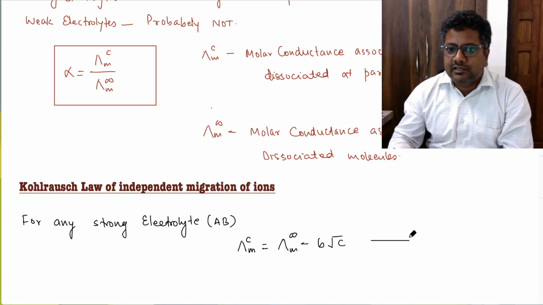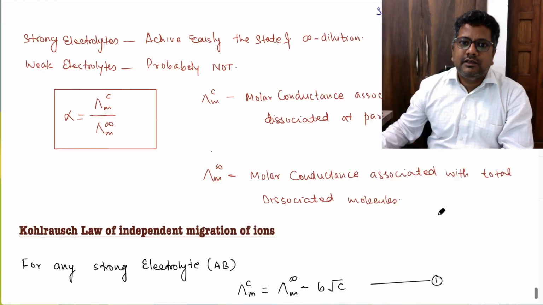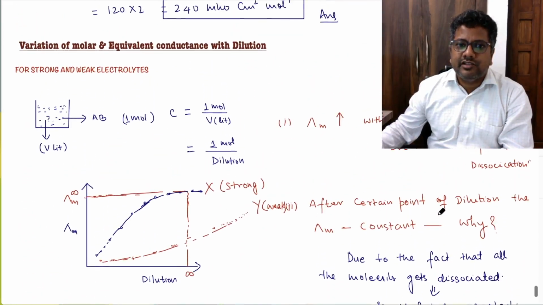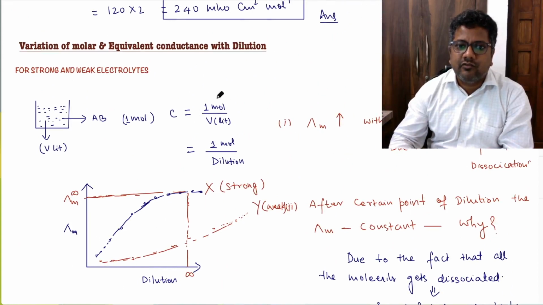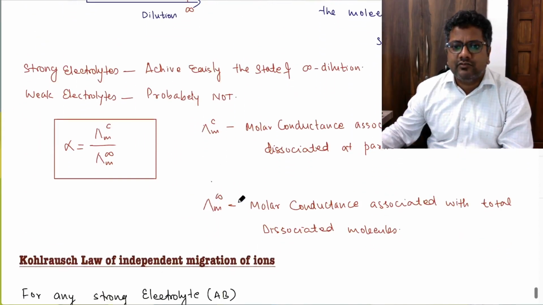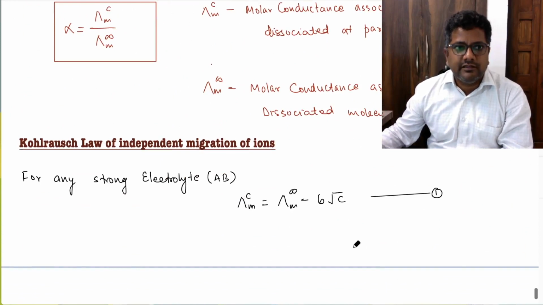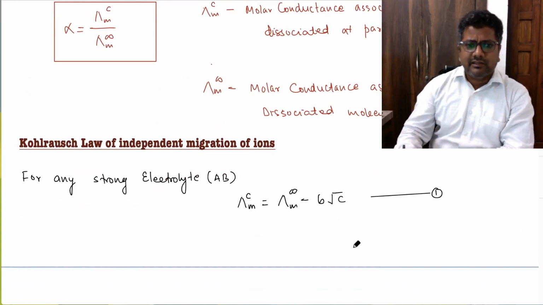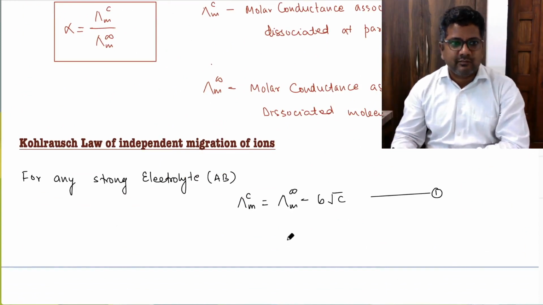In a general formula, C is equal to 1 by V. So he has taken root of C, and you can put here, in place of C, root of 1 by V. This is what Kohlrausch explained.